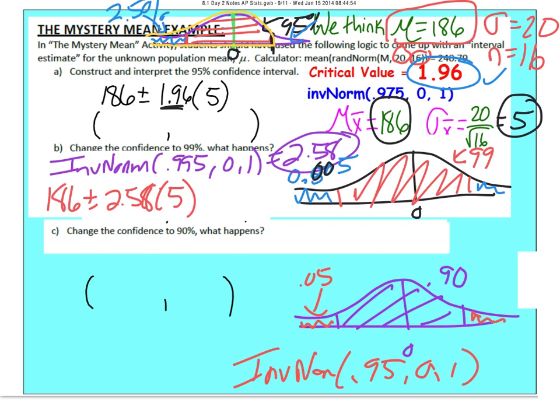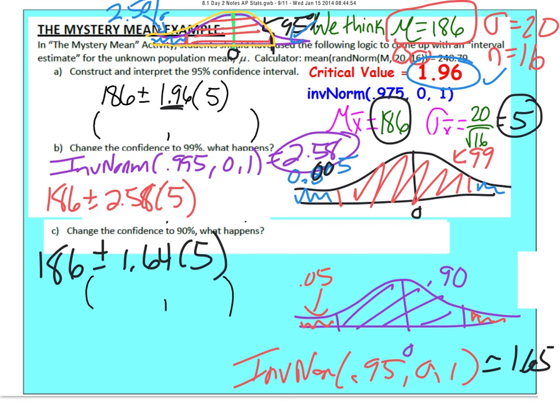That will give you the new critical value that you would actually replace this with, which ends up being approximately 1.65. So the new interval would be adjusted. We'd use 186 as our point estimate, plus or minus our critical value of 1.65 times our standard deviation.